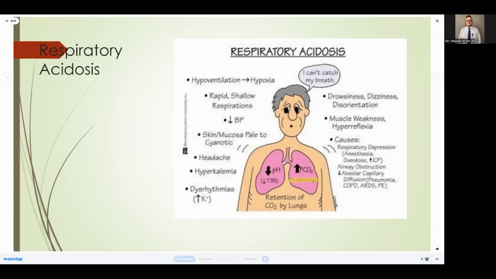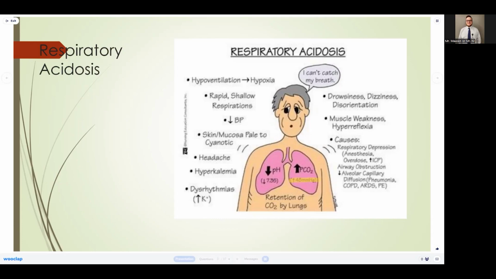Things that mess with this: hyperkalemia. They're going to have low ventilation, hypoventilation, and lacking oxygen is very likely. So shallow breaths, could be disoriented, drowsy, that sort of thing. So what's causing this?